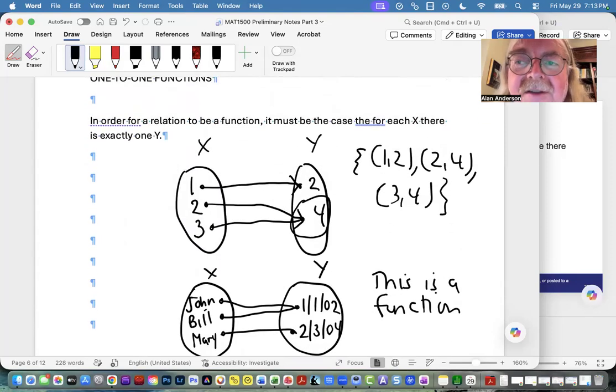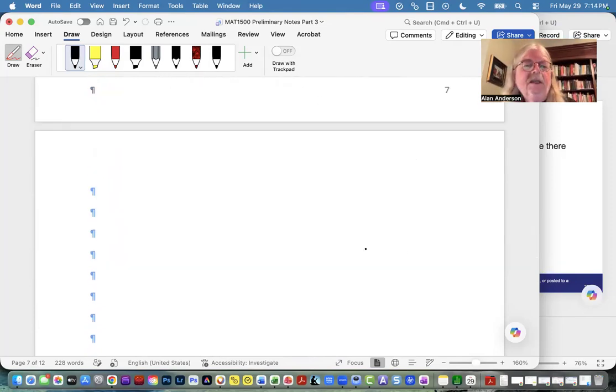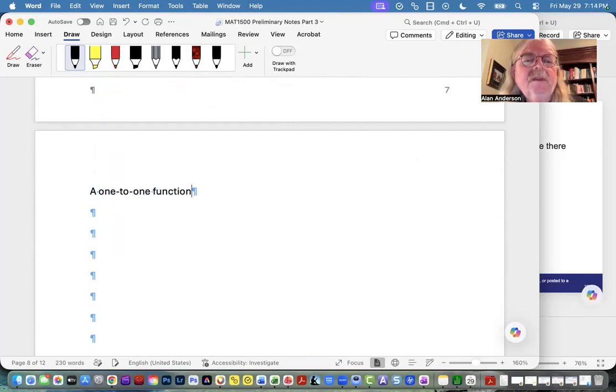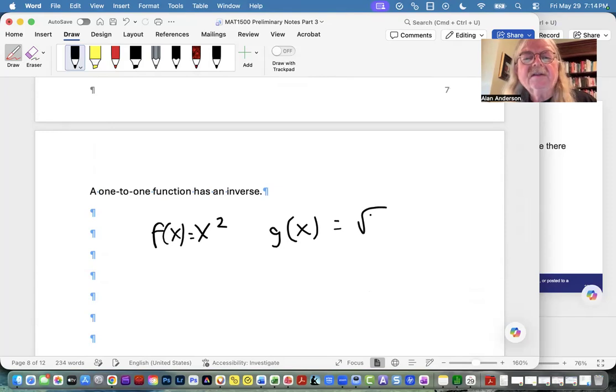Now, why does this matter? What is the big deal with one-to-one functions? Well, among other things, and this is something we'll get back into later on as well, a one-to-one function has an inverse. Oh, you might remember how that works. Let's say you have functions like f of x is x squared, and g of x is the square root of x.